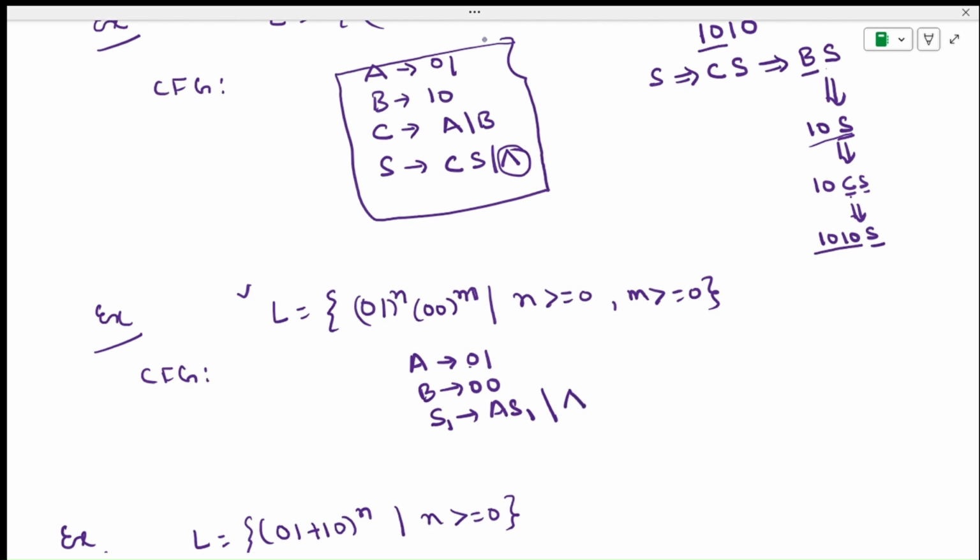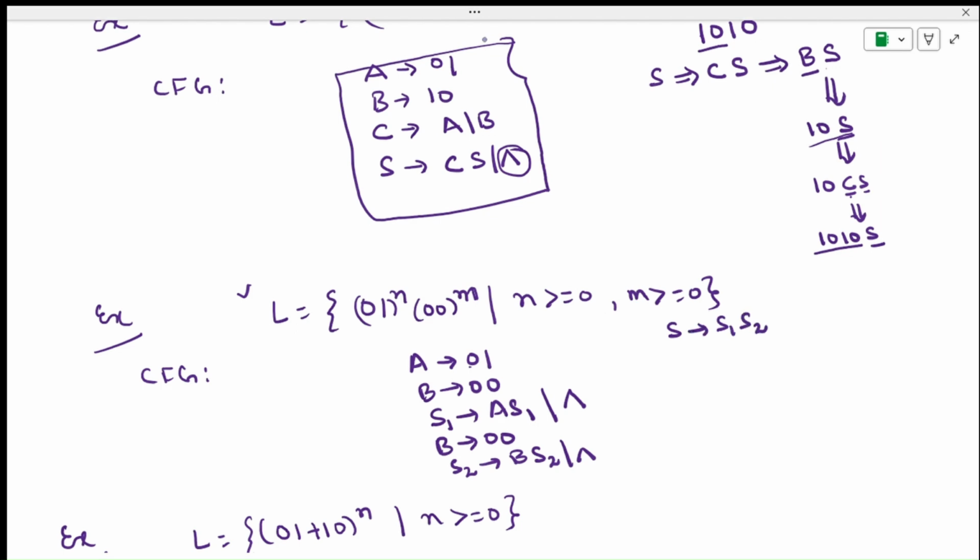Similarly, for 00 raised to the power m, I can write B is replaced by 00 and then take another symbol S2, and write this as B S2, since we need to repeat this B any number of times including null times. Now one more symbol has to be there, that is S. So S is nothing else but S1 followed by S2.